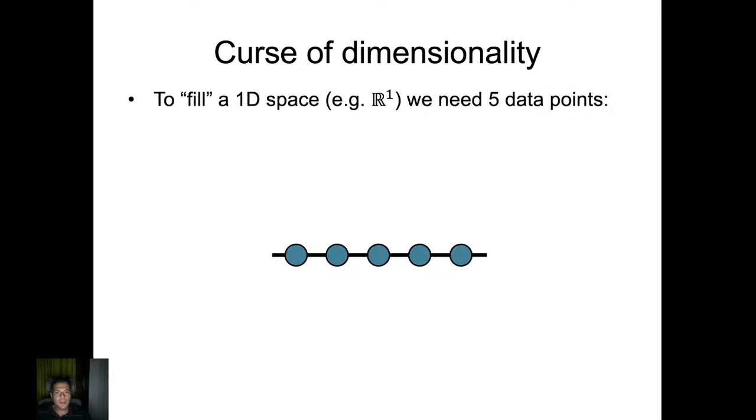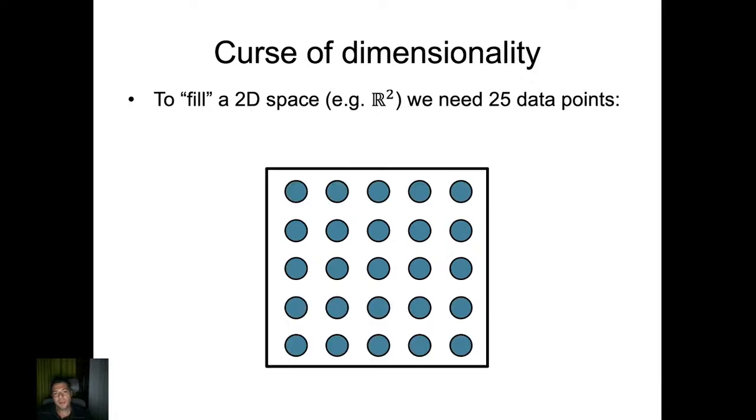Okay, so there is a kind of a rule of thumb. For each dimension, you would need about 5 data points to fill this one-dimensional space. Then if you want to fill the two-dimensional space, you would need about 25 data points, so 5 for every dimension.